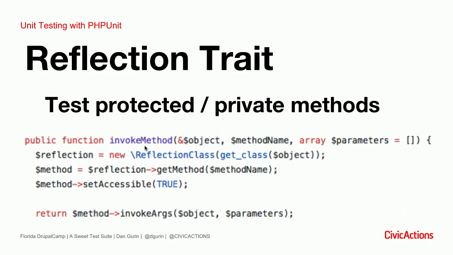Here's an example of a reflection trait, and this is used if you want to test a class that is protected or private.